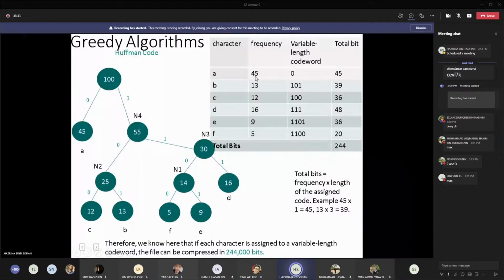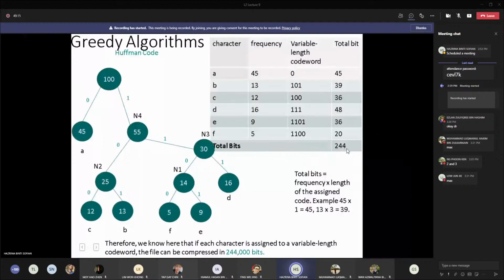So 45 multiplied by 1 is still 45. 13 multiplied by 3 is 39. 12 multiplied by 3 is 36. 16 multiplied by 3 is 48. 9 multiplied by 4 is 36. And 5 multiplied by 4 is 20. So in total, we will get 244 bits.